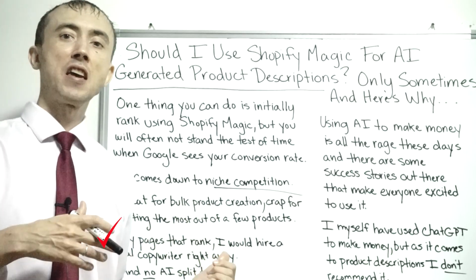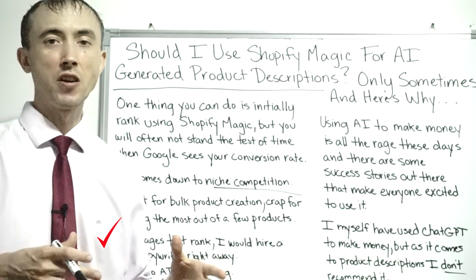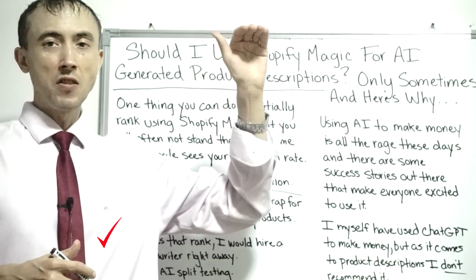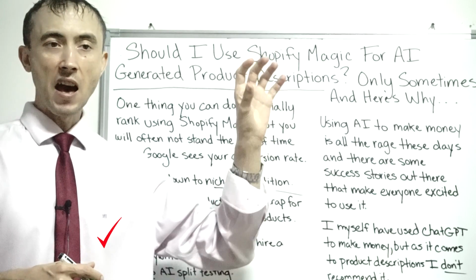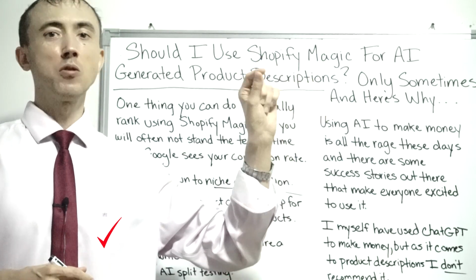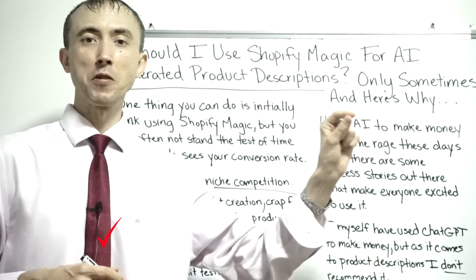So in the scenario that I gave you with the 100,000 nuts and bolts products that you want to create pages for on your site, you could do the AI-generated descriptions for all of them, and 30 days later you notice that say 100 of them rank on the first page.